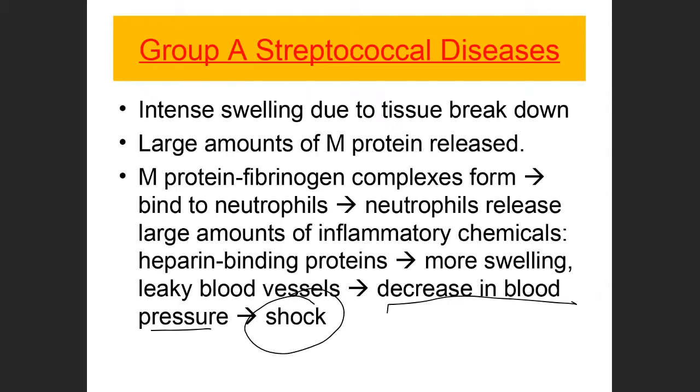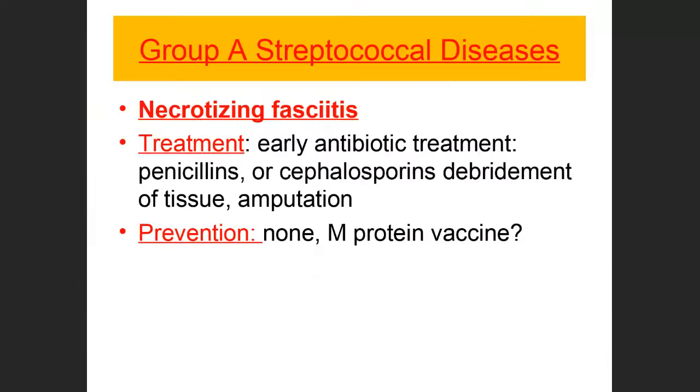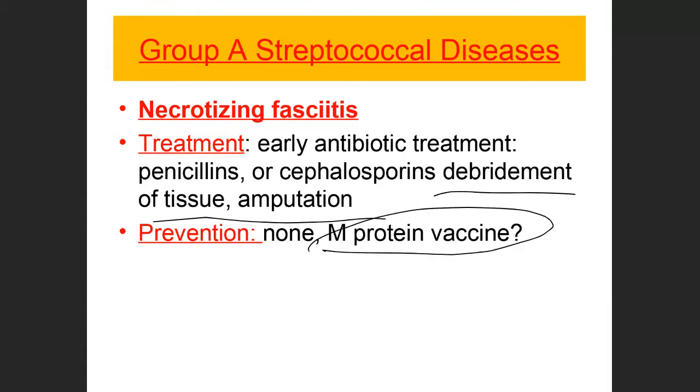So the treatment is going to be the removal of the skin to try to prevent the continued invasion of the organism. Obviously antibiotics, but debridement and amputation in some cases is sometimes necessary. There is no vaccine. Protein M may be studied as a potential vaccine.